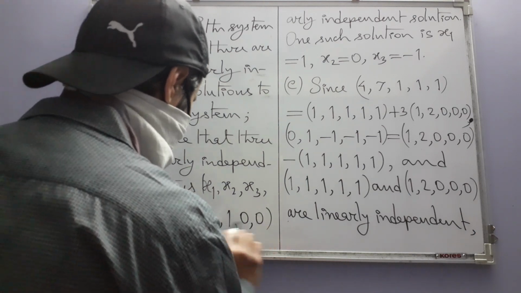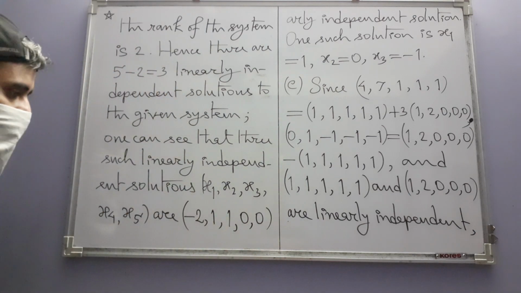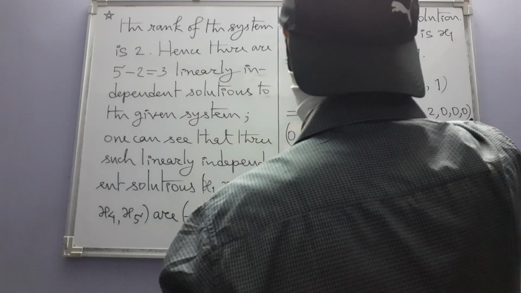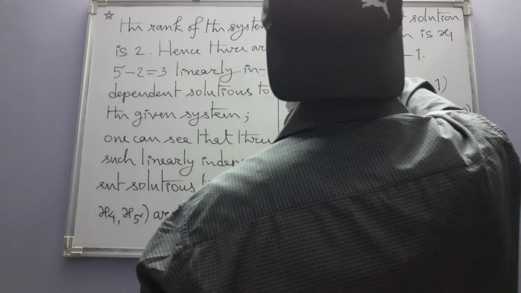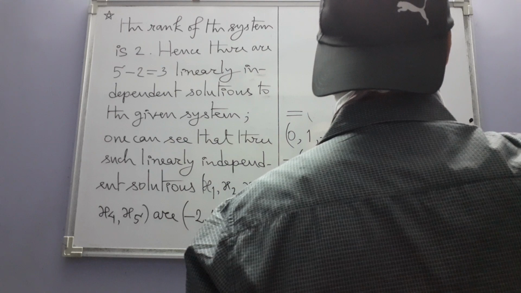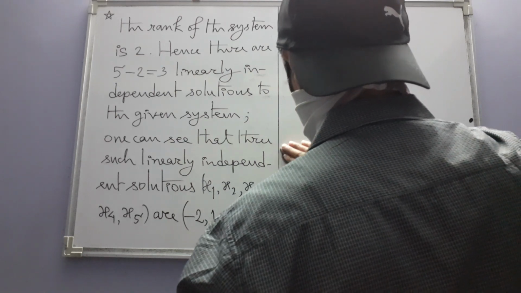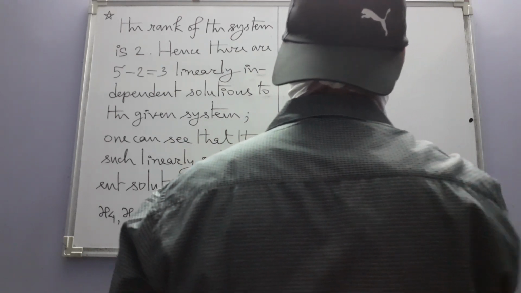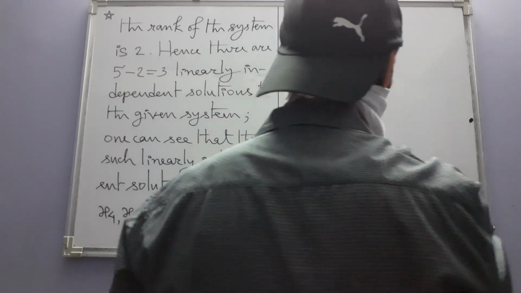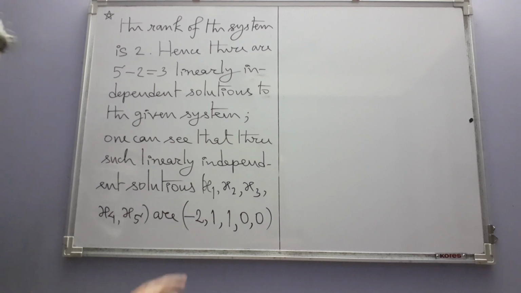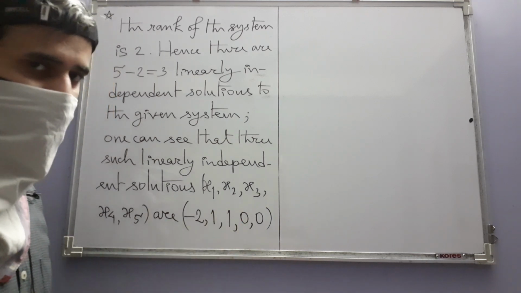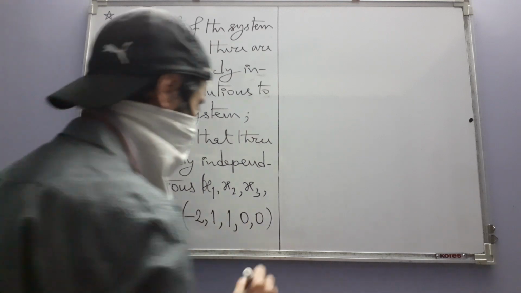So you just slide this one, this third component. So in the next solution you write this one here and 0 here, and in the other one you write this one here.